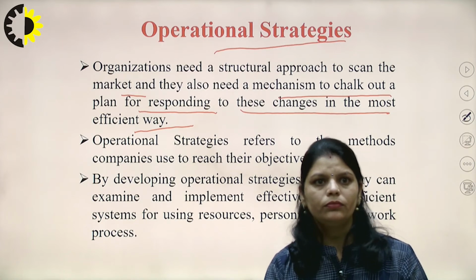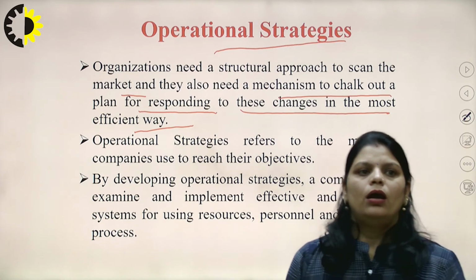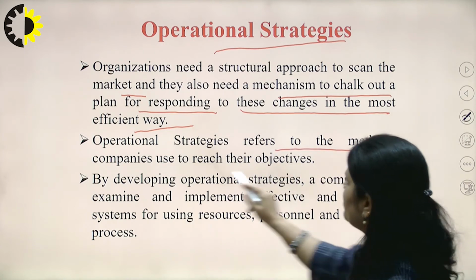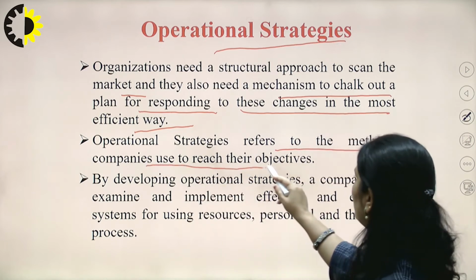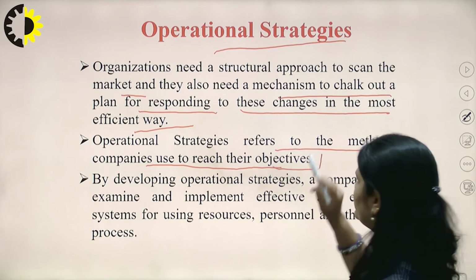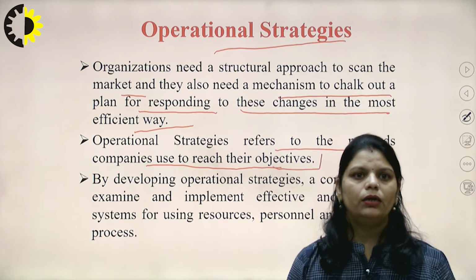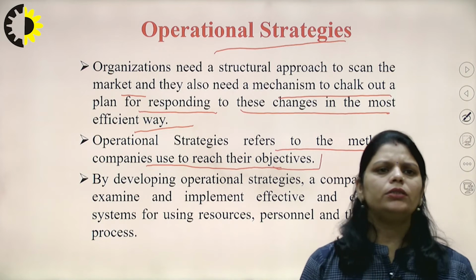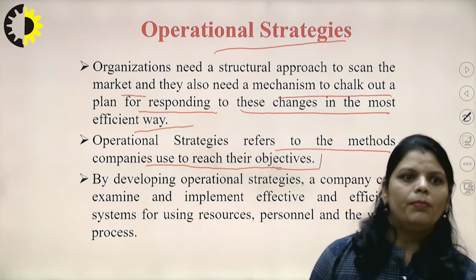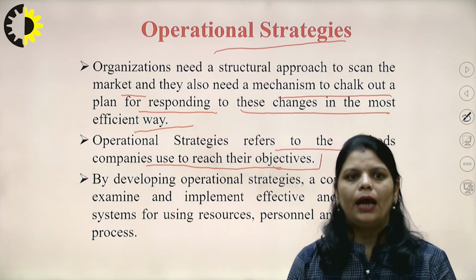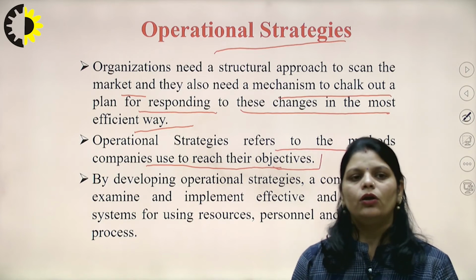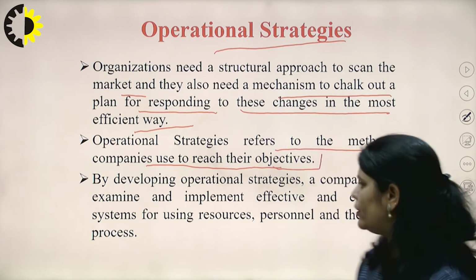Clear? Now, operational strategies basically refer to the methods companies use to reach their objectives. Clear? And with the changes in the marketplace, the competitive priorities for an organization must also change, and organizations need to tune their operations to match the competitive priorities.